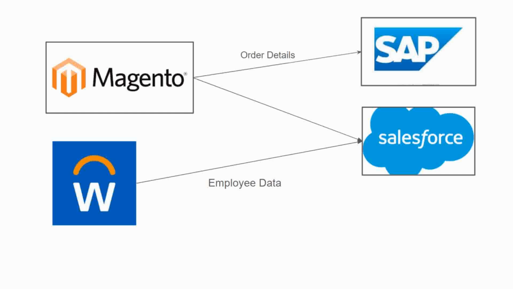So if I go with hub and spoke, I create a trigger so that whenever order data is created in Magento, the details are passed to SAP and Salesforce. Workato or any other integration tool will take care of the transformations, get the data, and push the data to the destinations.